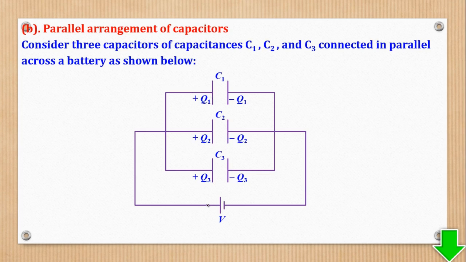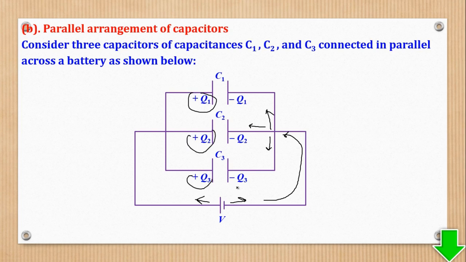So this will be the direction of current, and this will be the direction of charge. The charge will move in this direction, and when it reaches here, it will split, one this side, one this side, and one this side. So that is why we see here Q1, Q2, and Q3. That is what you should remember.